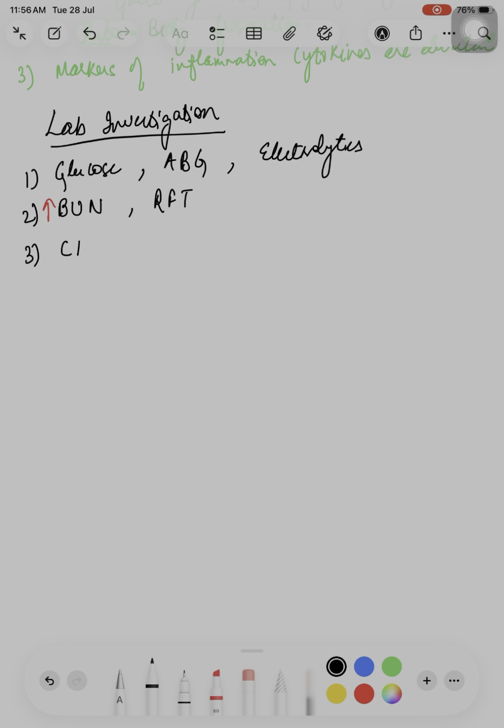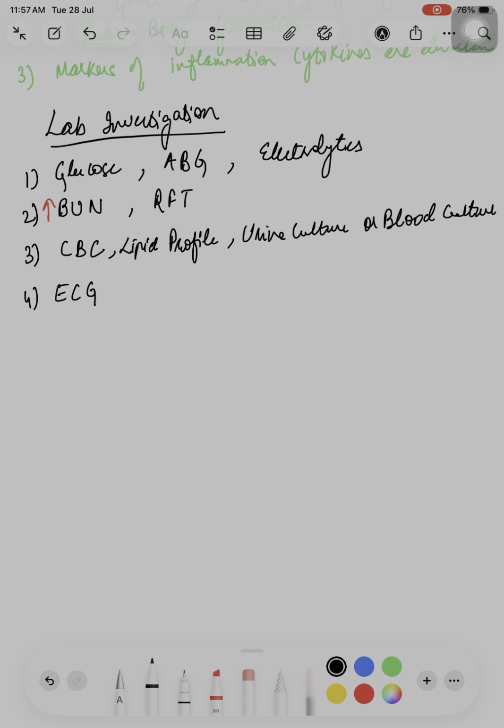Then we will go for urine culture or blood culture for any source of infection, like we know the precipitating factors such as UTI or pneumonia, right? Other investigations are ECG and troponin to rule out triggering factors like myocardial infarction, right? Then next is amylase level.